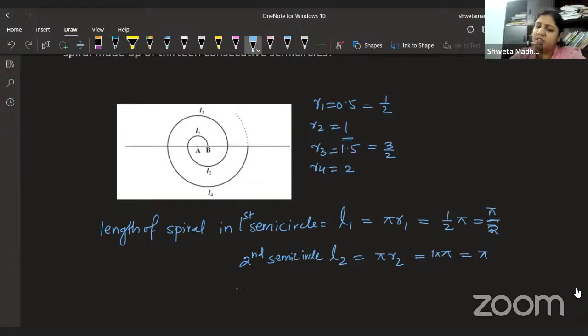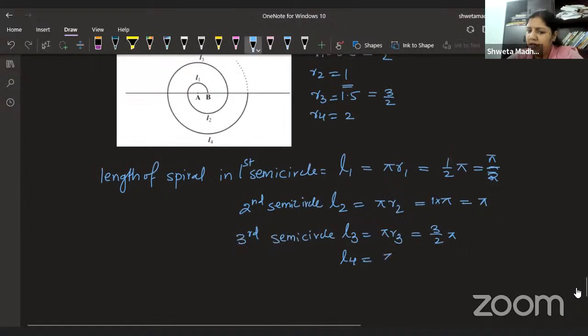Then the third semicircle, that is L3 is equal to pi R3. So what is R3? 3 by 2 pi. And the fourth semicircle, L4 is equal to pi R4, that is 2 pi. Now every semicircle's length is in AP.